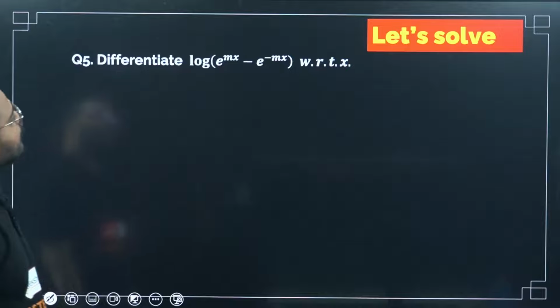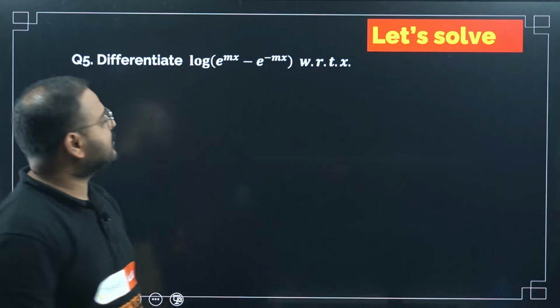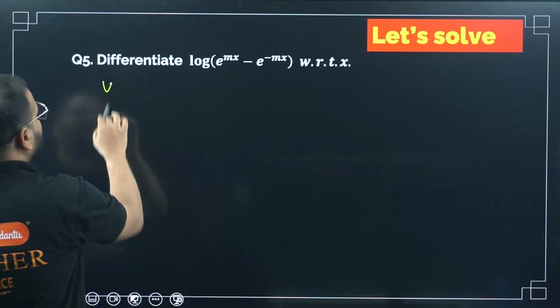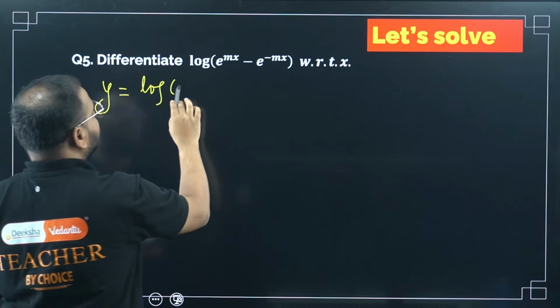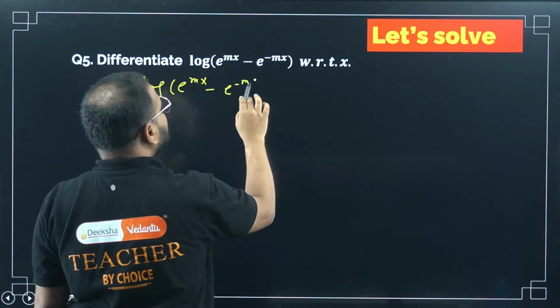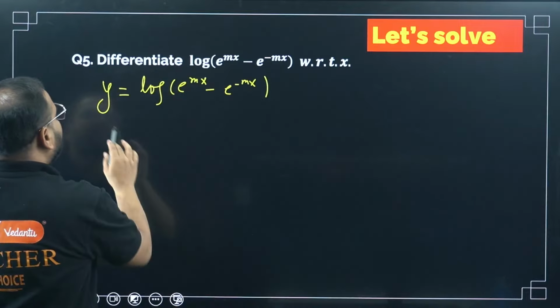Okay. Moving on to this problem. Again, log with an exponential function is there. Let's see how this will work. I think this is very, very simple. Y equals log of e power mx minus e power minus mx. Right, that's what the question gives. Take y dash.